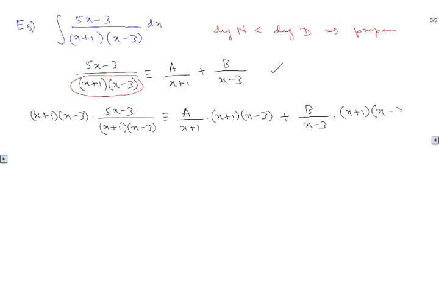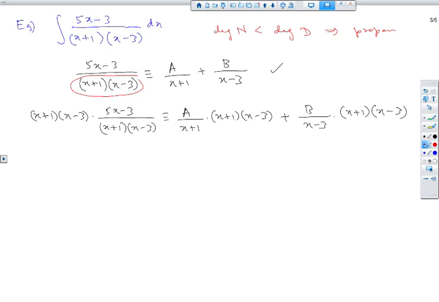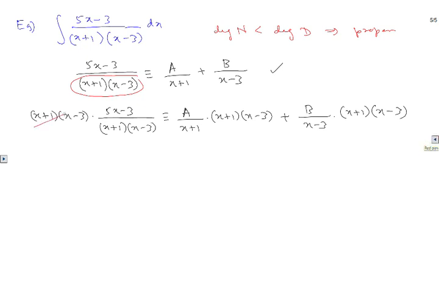Now see what's going on. We multiplied both sides by the common denominator. Now there is a nice cancellation going on. This term cancels with that term, on this side this term cancels with that, and here this one cancels with that.